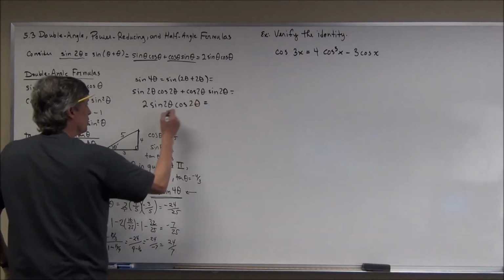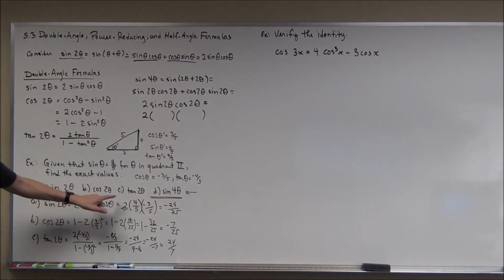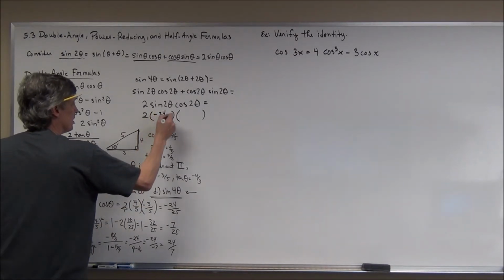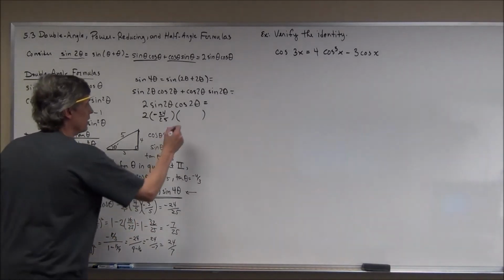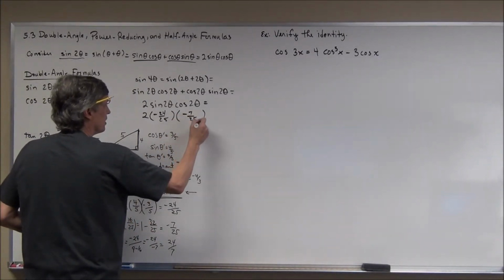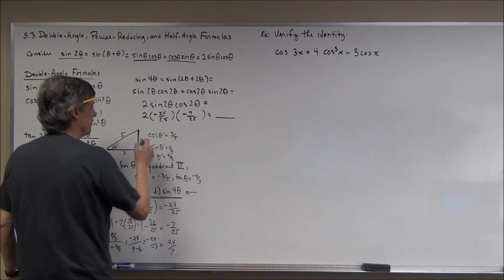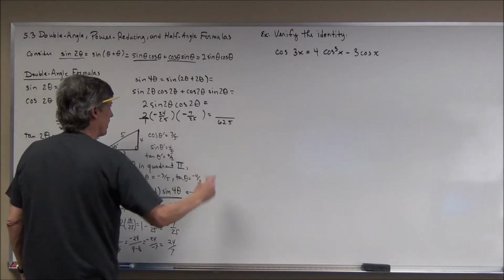So this is 2 times the sine of 2 theta, which is negative 24/25, times the cosine of 2 theta, which is negative 7/25. I have a positive, since a negative times a negative is positive. 25 times 25 is 625.